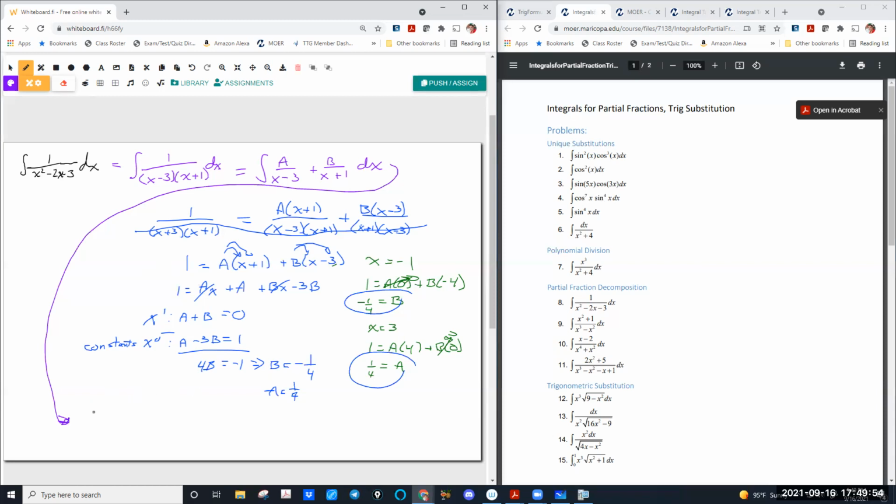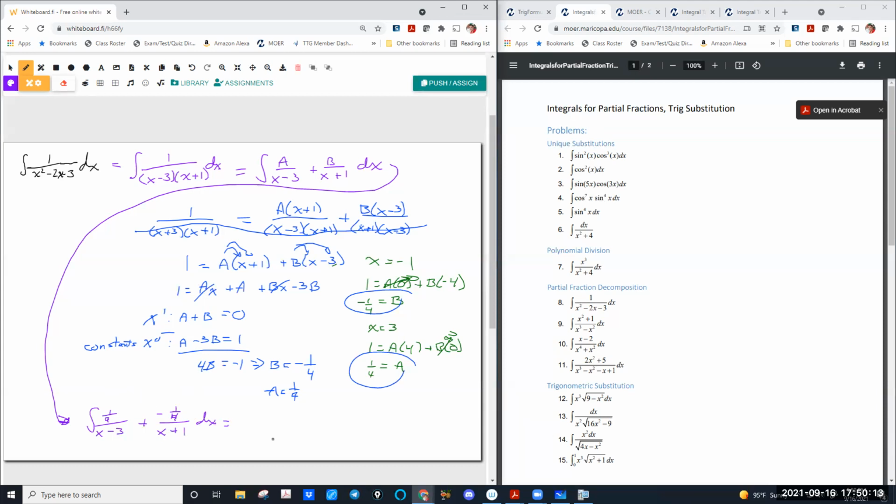You plug in the a and the b. So we have 1/4 over x minus 3 plus a negative 1/4 over x plus 1 dx.